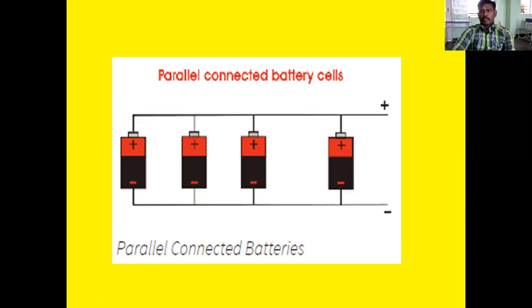Compared with the series combination, the parallel combination produces a very small output. So in most places we use only the series combination of cells because we need a large amount of energy.